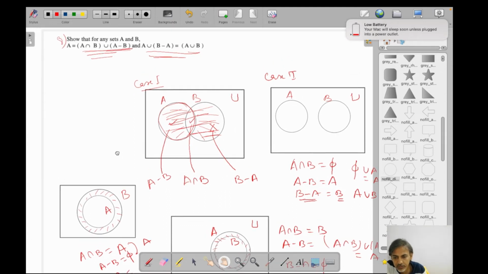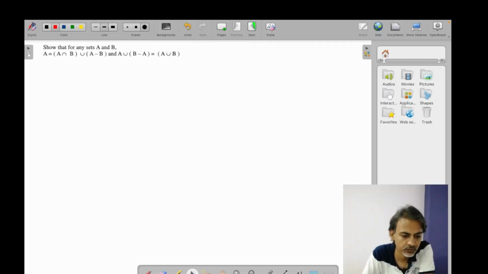We just wanted to see it pictorially. Now let's try to prove it. Let's try to prove this part, which is on the right side, and see how it comes out. So let's take the LHS of second part. So LHS of second part is A union B minus A. What we'll do over here is we'll use our commutative law and make it B minus A union, or just keep it like that.